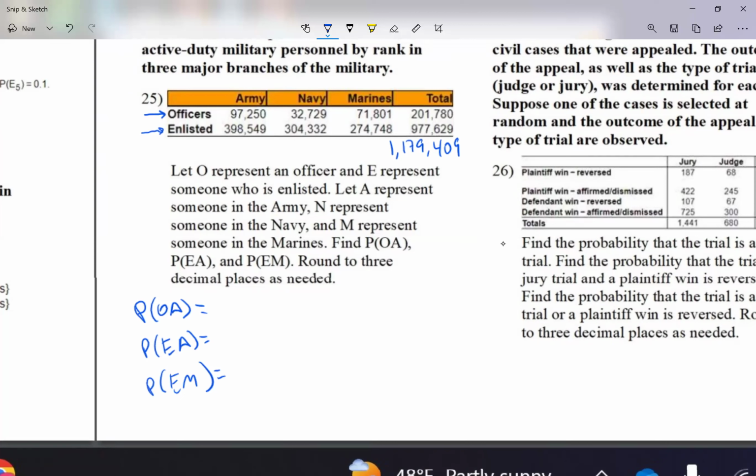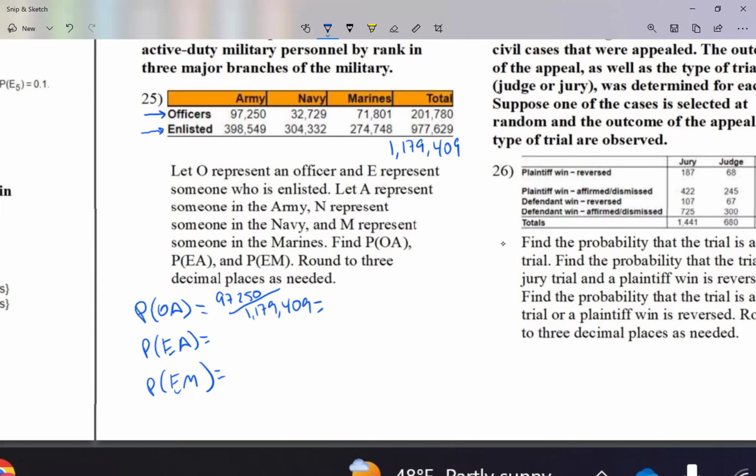So officer Army. How many officers are in the Army according to our table here? There's 97,250. How many are there altogether? I'm going to divide this by 1,179,409.